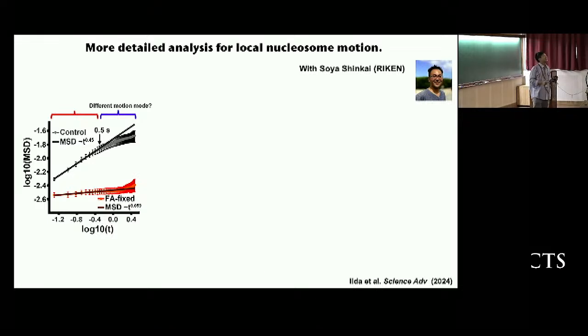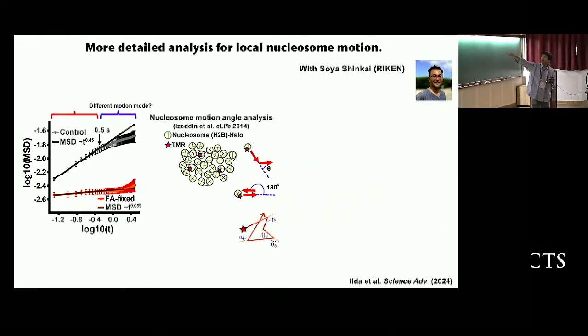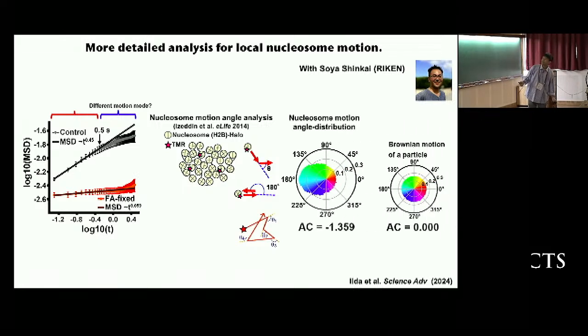And next, in collaboration with our physicist Soya Shinkai-san at Riken, we did the nucleosome motion angle analysis. We determined this theta angle of the nucleosome trajectories. In these trajectories, we determine theta 1, 2, 3, and 4, and put all the angles in that plot, like this.